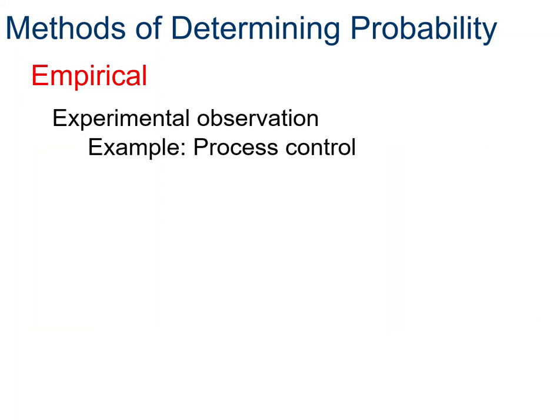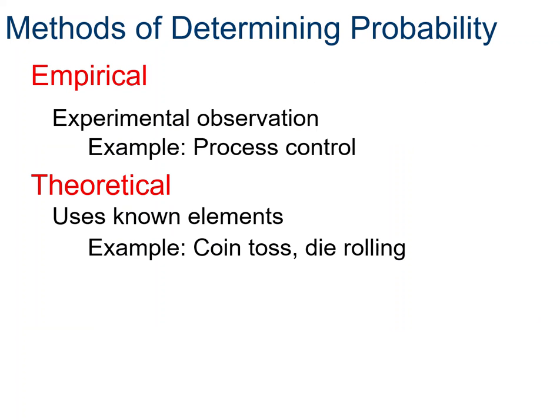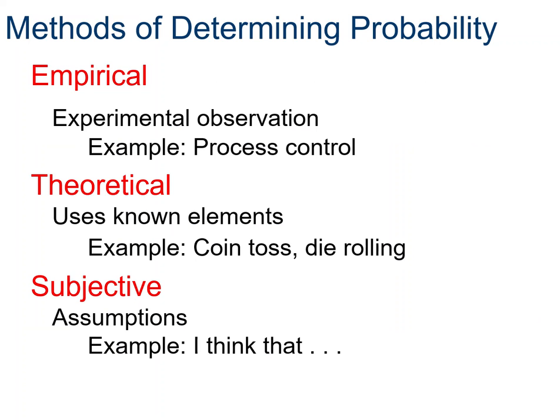So there's empirical probability and theoretical probability. One is based on process control, the other one is based on we know the elements. And then we have subjective probability also, which is assumptions. How many times have you heard somebody say, I think that... That would be a subjective assumption.